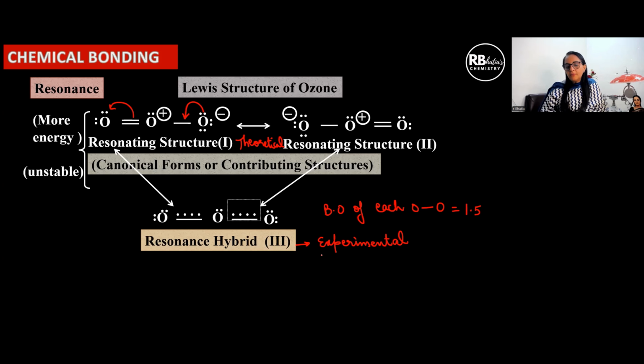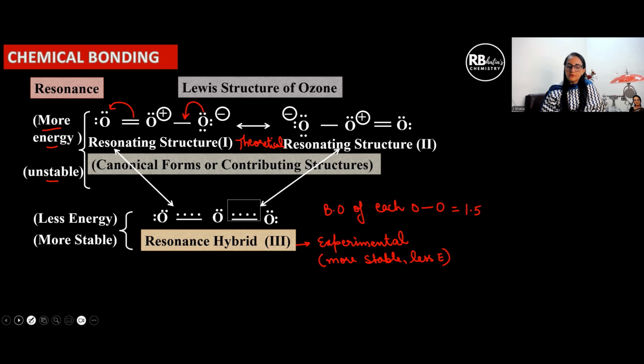And the resonance hybrid is more stable and has less energy, whereas the resonating forms have more energy and they are less stable. But together, they help in describing the overall properties of a molecule, which one single structure cannot justify.